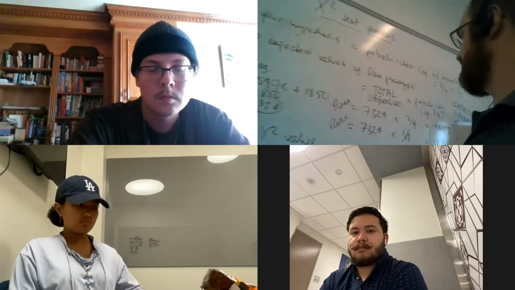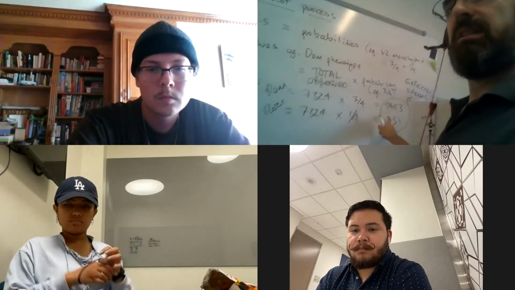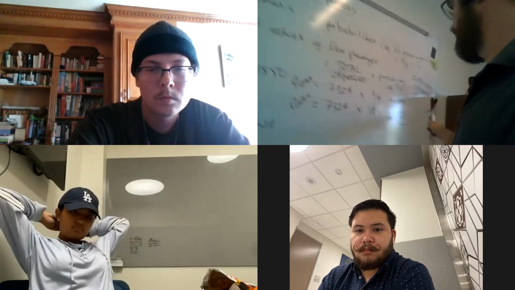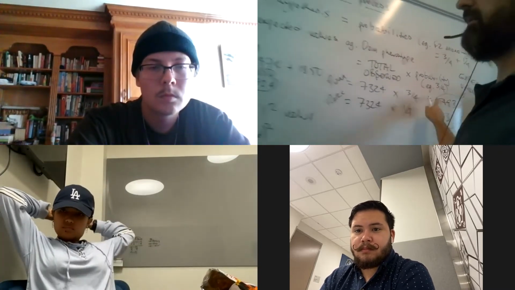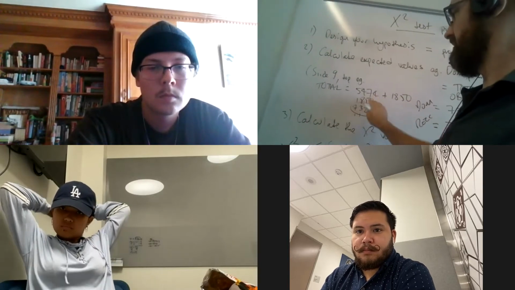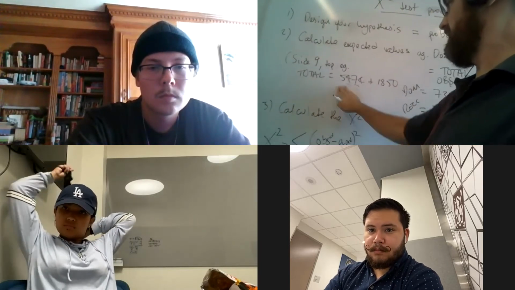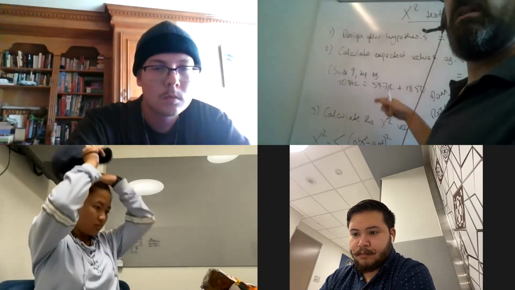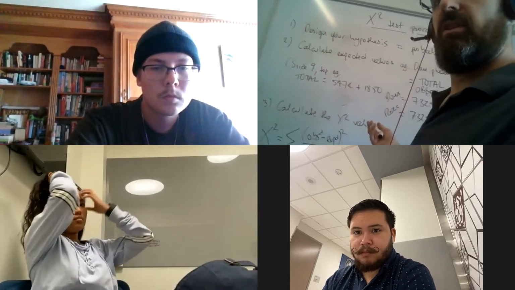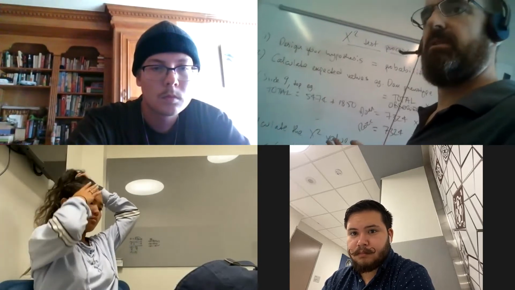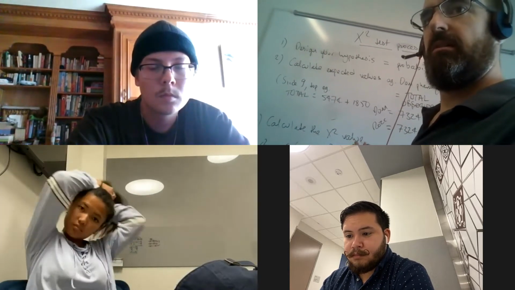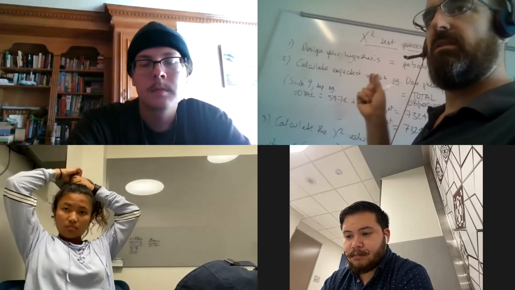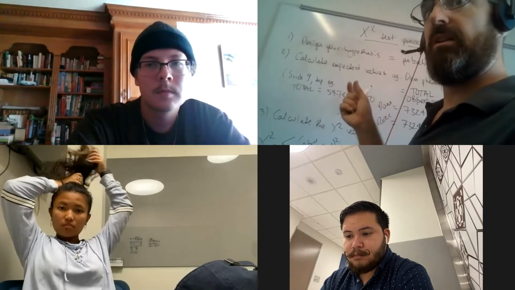Because in absolute terms, the difference between the observed and the expected would be larger than if your total observations were, say, 100.